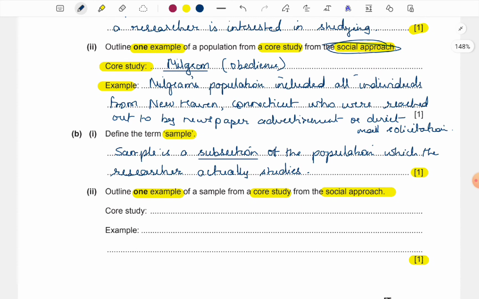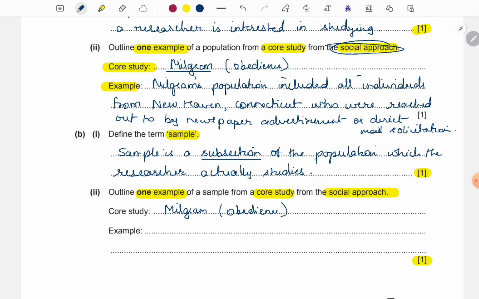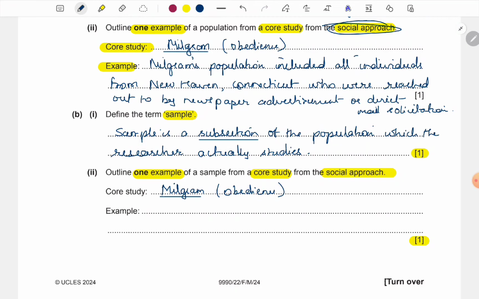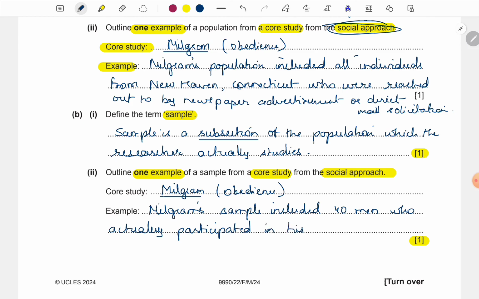Okay, so I'm going to name Milgram again. Also you see, again they've asked you for the name for that reason only, because it could be different from the previous example, they know that. Okay, and who is the sample? I've already explained that, so I'm just writing down Milgram's sample included 40 men who actually participated in his experiment.